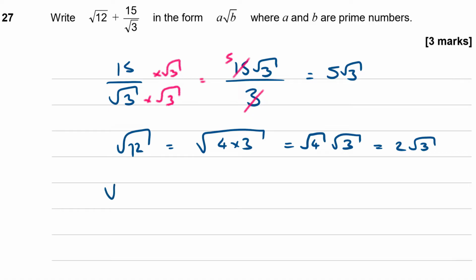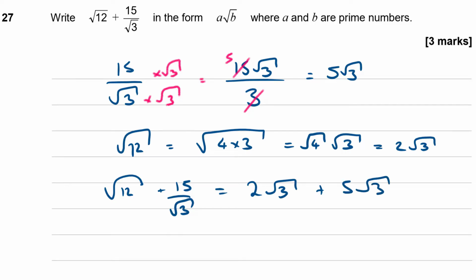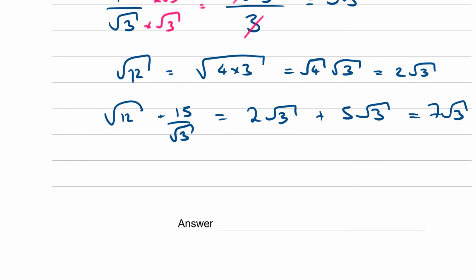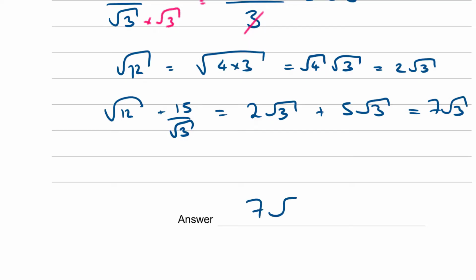So my original sum of root 12 plus 15 over root 3 is the same thing as 2 root 3 plus 5 root 3, which gives me 7 root 3. So my answer is 7 root 3. So a and b are both prime numbers. So that's all good, all done.